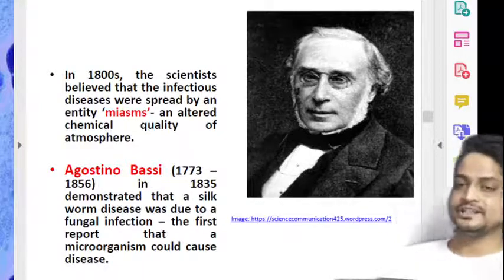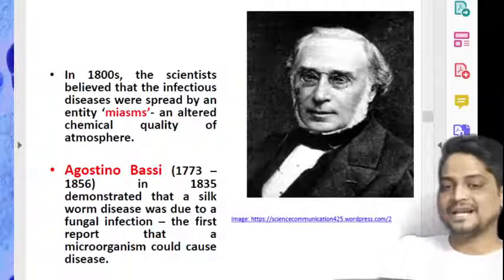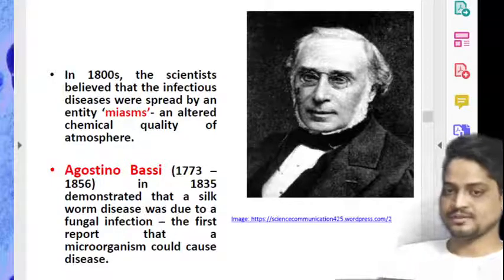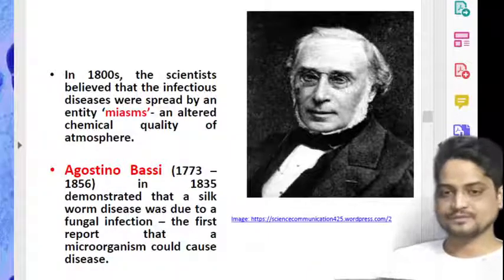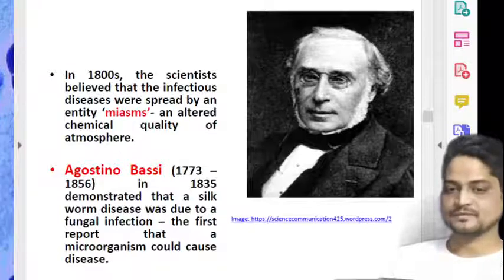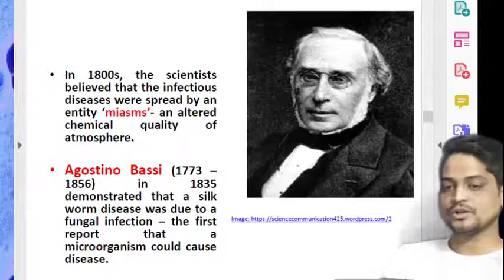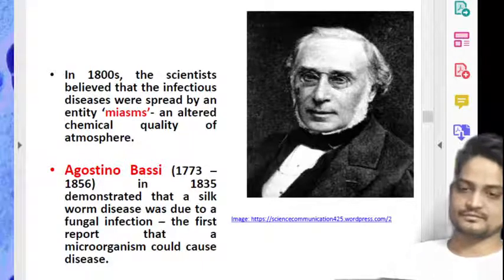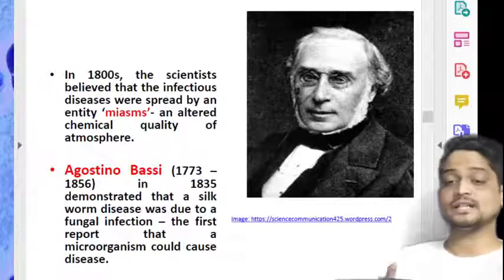Then in 1800, scientists believed that infectious disease was spread by miasma, an altered chemical quality of the atmosphere. Agostino Bassi demonstrated that a silkworm disease was due to a fungal infection, the first report that a microorganism could cause a disease.